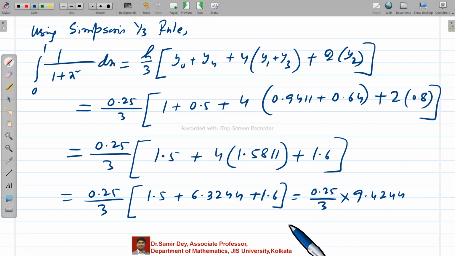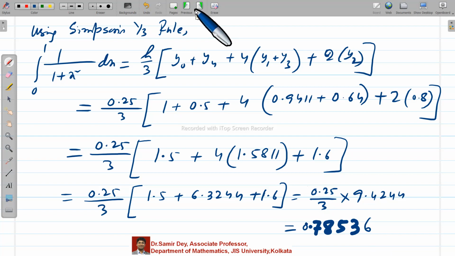So ultimately it is coming 0.7853, a big number you have. So ultimately 0.78536. Here I have not rounded any number, but I have considered 5 digits after the decimal point. So this is all about the calculation.